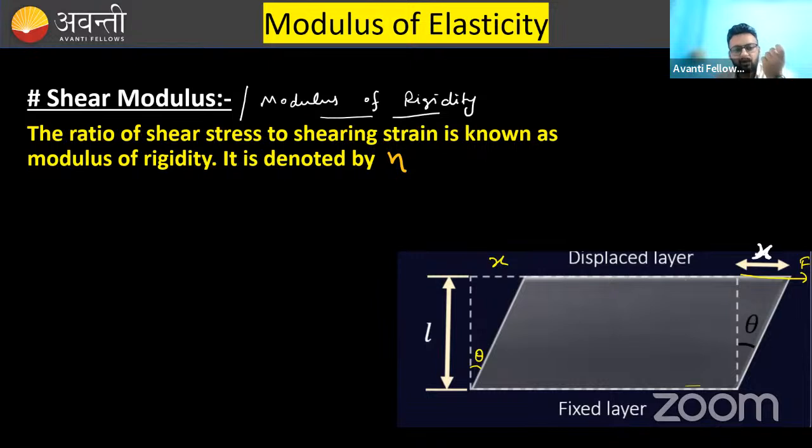So what is shear modulus? Shear modulus is denoted by eta, and it is shearing stress over shearing strain.